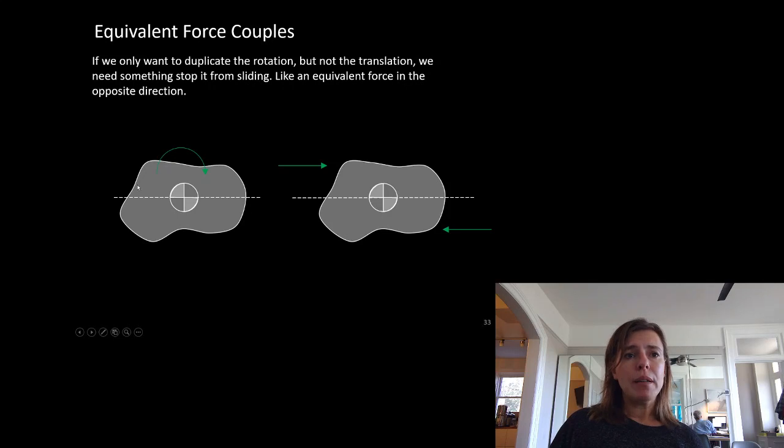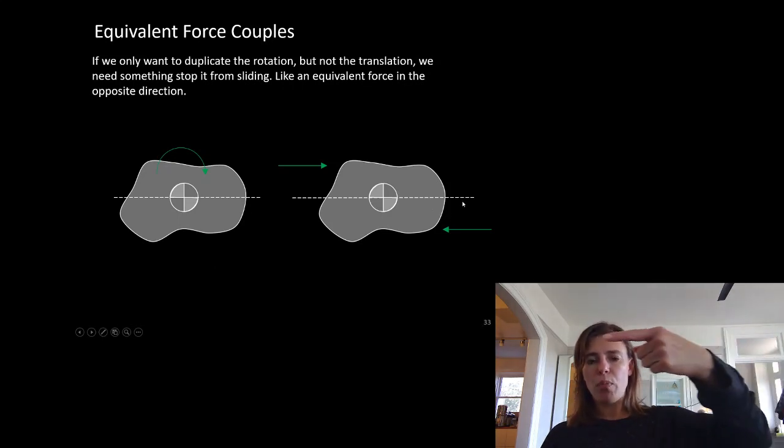So this moment applied to this object is going to try to make it rotate. This force is going to try to make the object spin in this direction. This force is going to try to make the object spin in this direction, about the central axis here, or about the centroid. So they're both going to cause it to spin in the same direction that this moment did, but look at this.